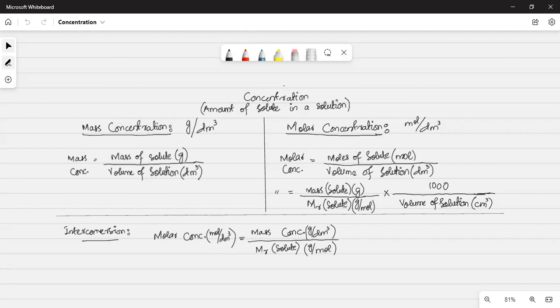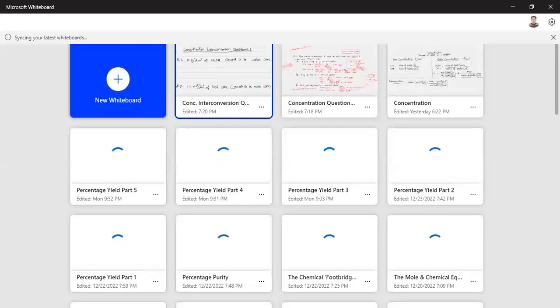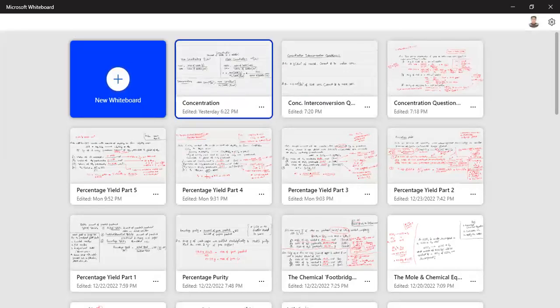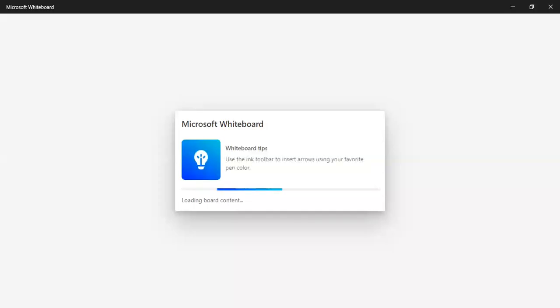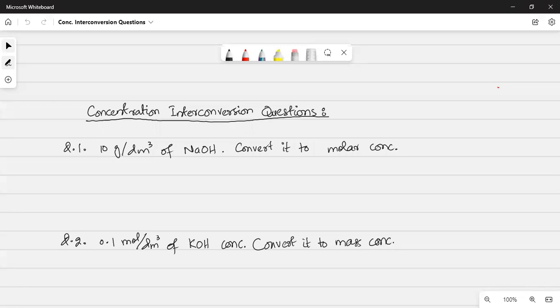So I'm going to use the same formula over there. All right. Let me rewrite the formula on the top of this page so that it's not difficult for you.